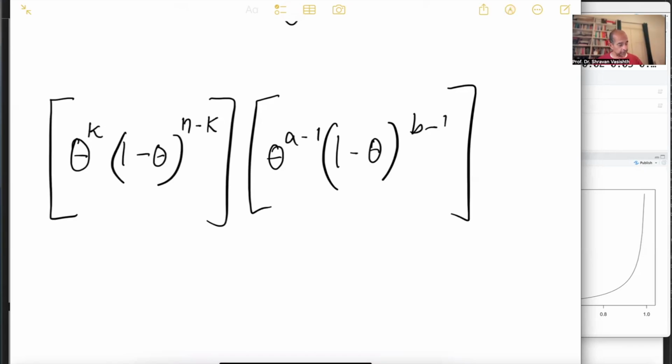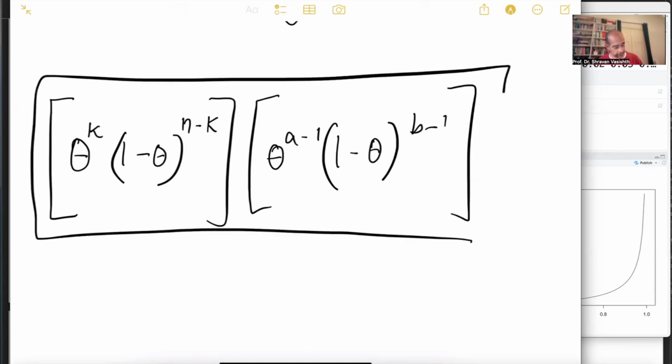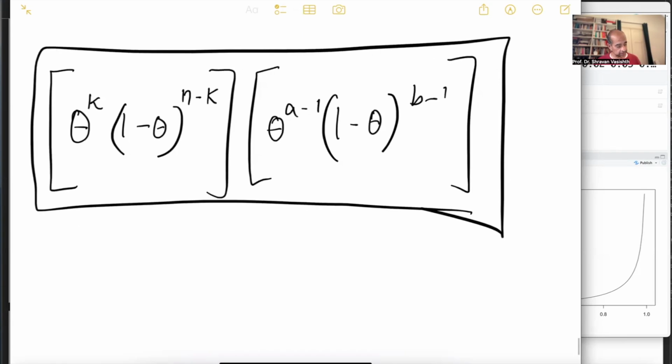So what we are doing is this product is going to give us the kernel of the posterior distribution. The kernel of the posterior distribution is easy to work out given these terms that I'm showing you on the iPad.